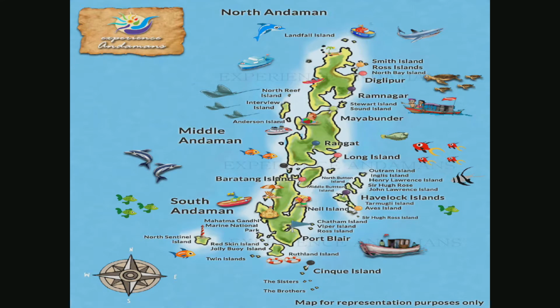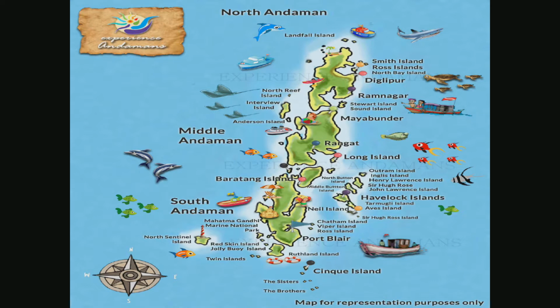Okay. Now, Andaman. Dear student, now you see the elongated chain of islands located in the Bay of Bengal, extending from north to south. These are the Andaman and Nicobar Islands. They are bigger in size and are more numerous and scattered.